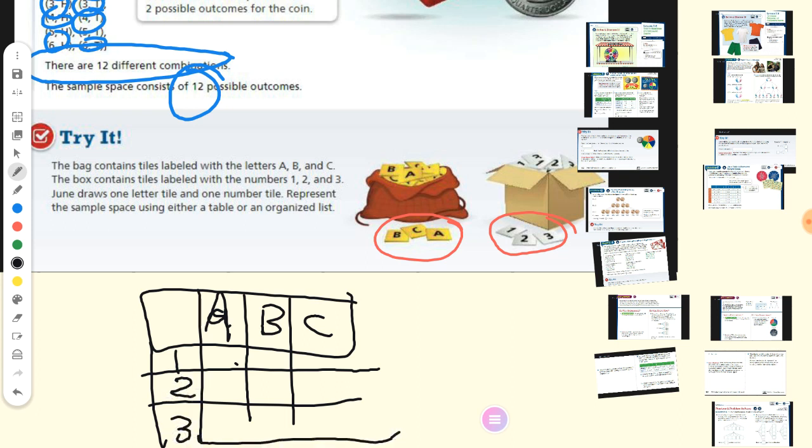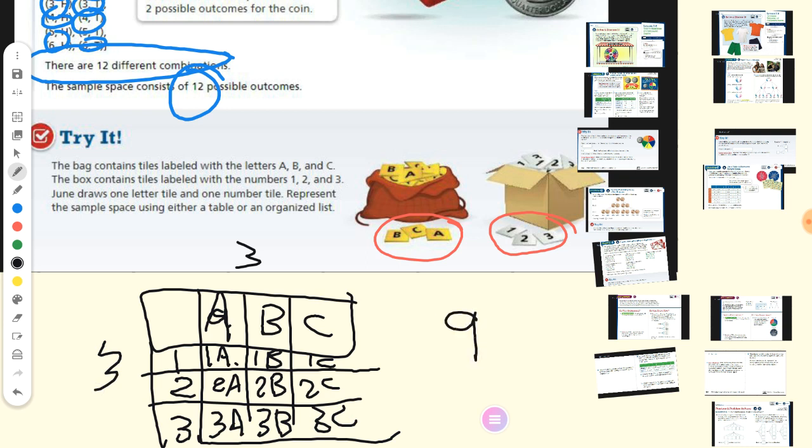Let's do the sample space. 1 with A, 1 with B, 1 with C. 2 with A, 2 with B, 2 with C. 3 with A, 3 with B, 3 with C. How many events here? 3 multiply 3, which is equal to 9. Total are 9.